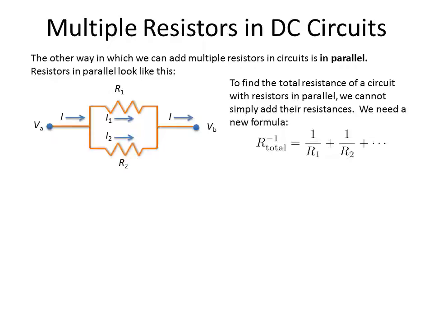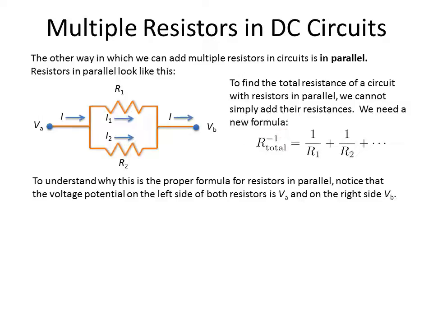To figure out the equivalent resistance of this whole thing together, we have to add 1 over R1 plus 1 over R2 plus any other resistors in parallel, which will equal 1 over the equivalent resistance, or 1 over R total.